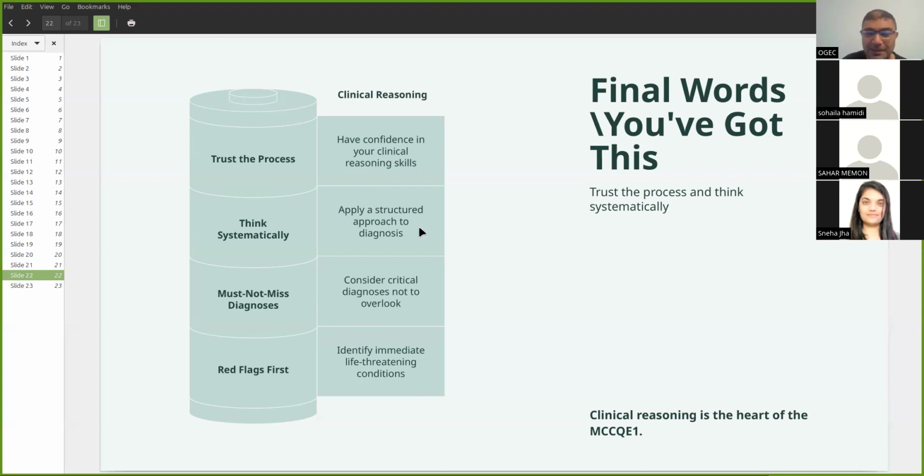I know everyone has that knowledge, but with these practices, we can adapt ourselves to the Canadian system and how they expect us to perform in the exam and in the real clinical life.